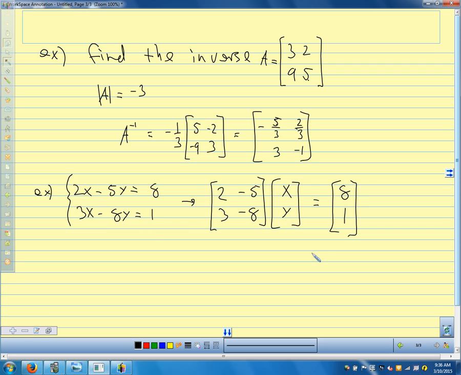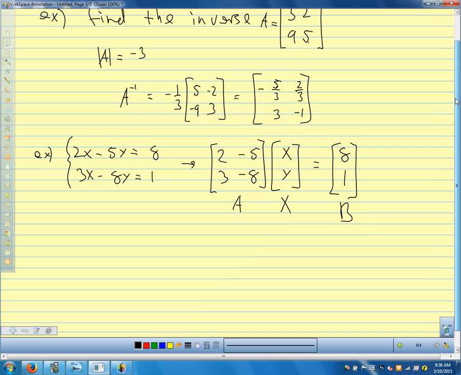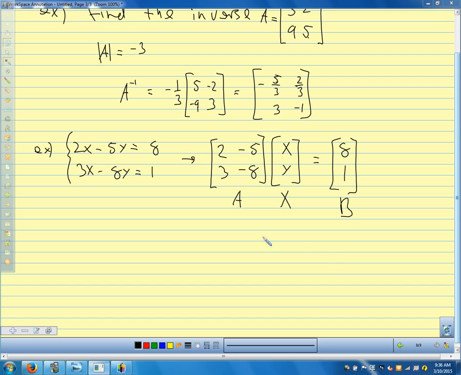So I rewrite this as a matrix equation. I'm going to call this matrix A, call this big matrix X and B. And to solve this, we're going to say X equals A inverse times B. So we're just going to multiply the inverse of A times this column matrix.